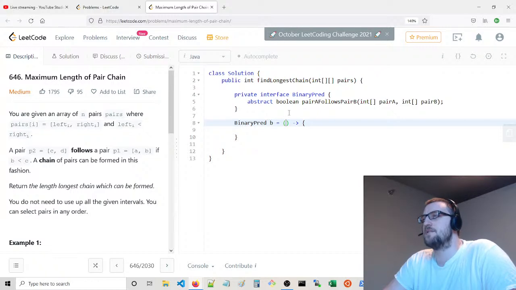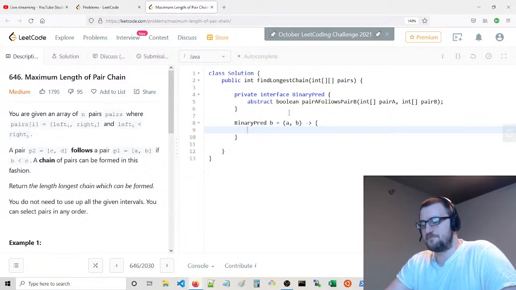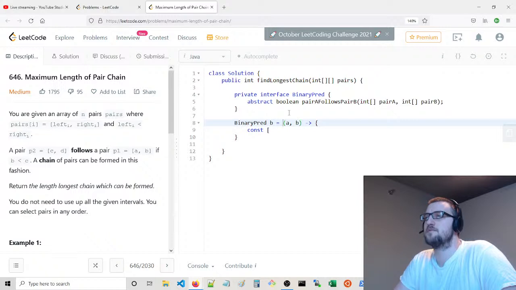So we have int pair A, or A and B, we could say. And now we just say, I think in Java you can do like const A, B, or X, Y, we'll say. Or let's do A, B, C, D, but X and Y is better, or A1, or P1, P2 is probably better.